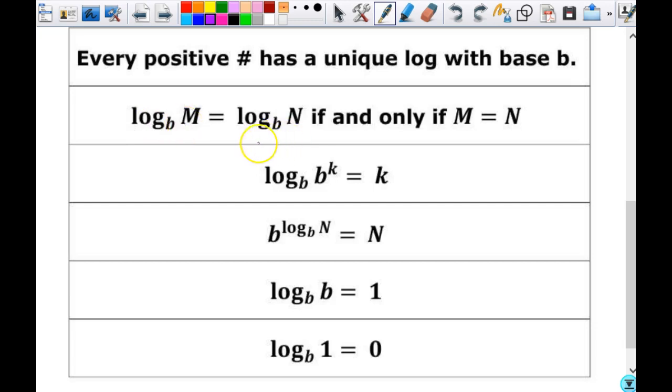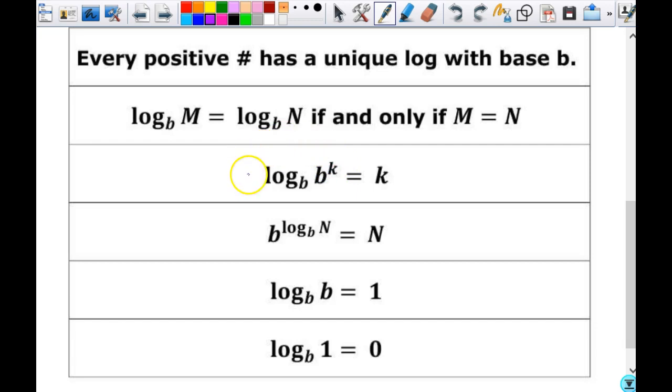I'm not dividing by the log or anything like that, because that doesn't make any sense. But if these two logs are equal and have the same base, then whatever you're taking the log of has to be the same. Then log base b of b to the k is just k. If the base and this right here match, that always just takes care of itself. You should also know, and this is not in our notes until tomorrow, but if you have an exponent, what do I do with the exponent on a log?